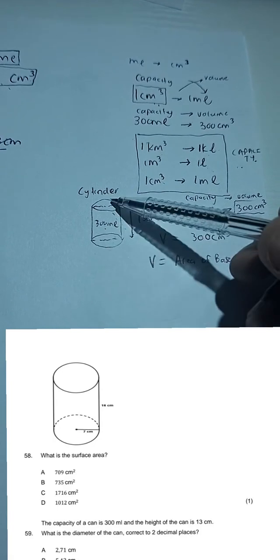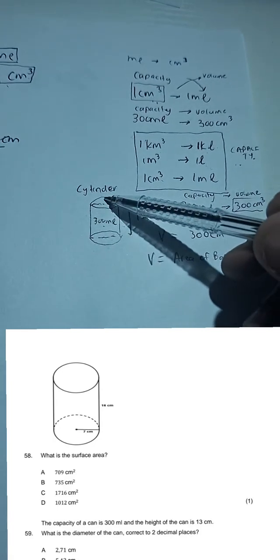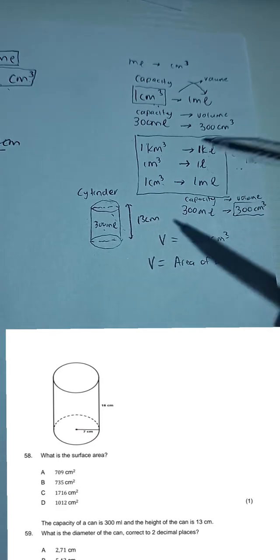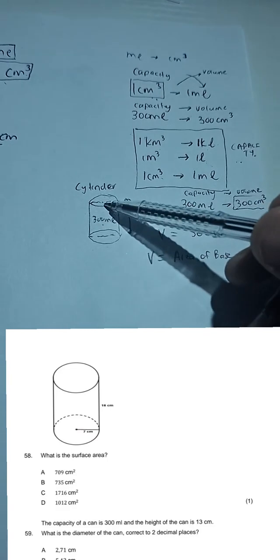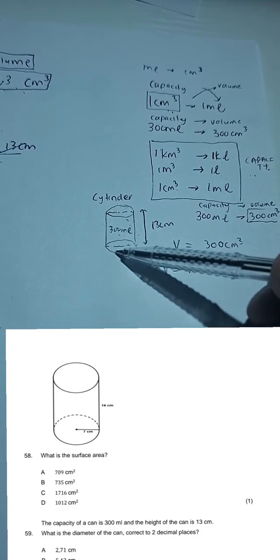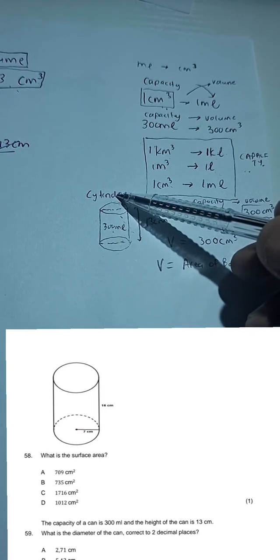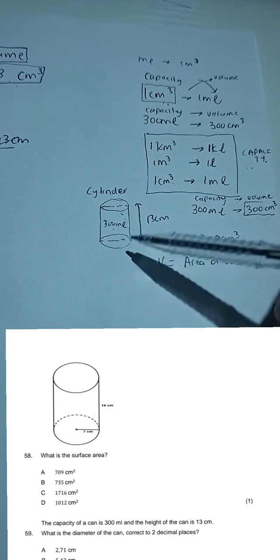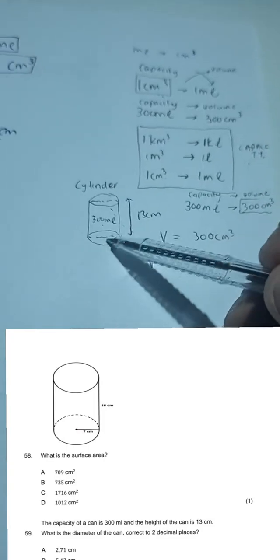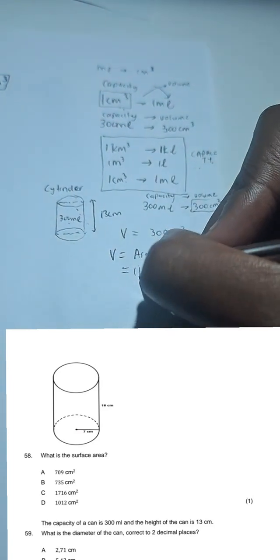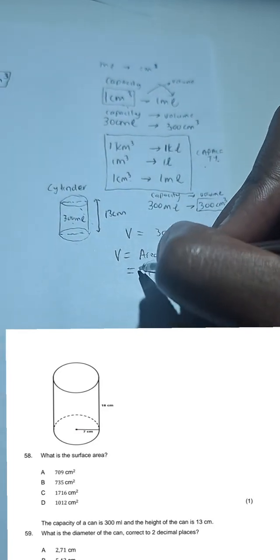That circle at the bottom is congruent to the circle at the top. That's what we know about prisms. Prisms have the same two-dimensional shape at the top as they do at the bottom. So a cylinder has a base of a circle. The area of the base, or the area of the circle, is given by pi r squared.